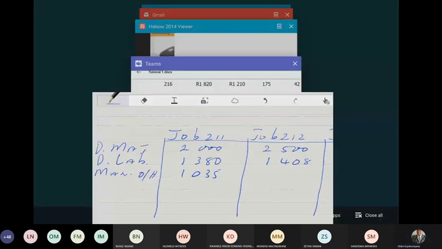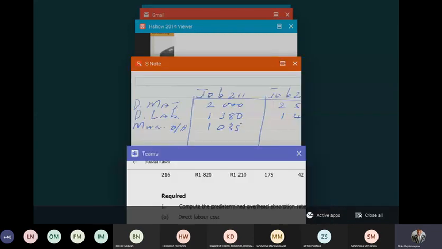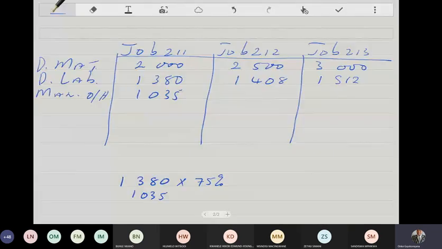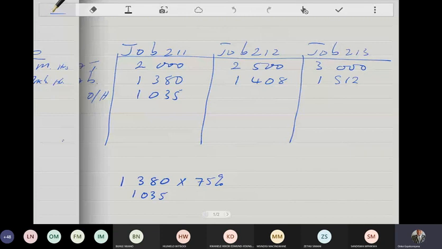Now we move on to job number 212. They say job 212, overheads are absorbed based on direct labor hours. Now we use direct labor hours on job 212. You've got your base already based on the labor hours. That is going to be 5 rand.